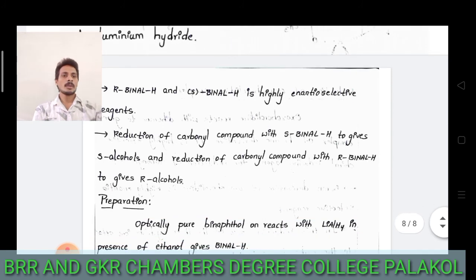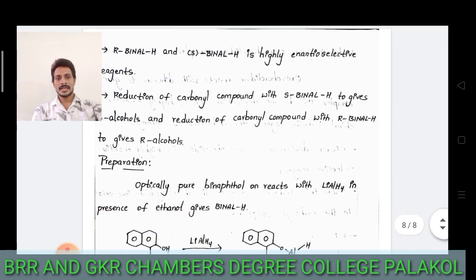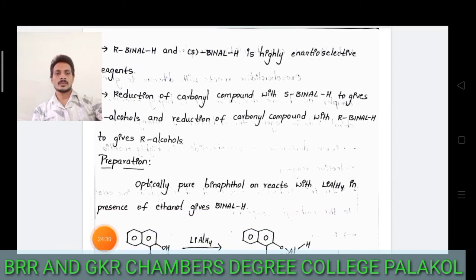Reduction of carbonyl compounds with S-BINAL-H gives S alcohol. Reduction of carbonyl compounds with R-BINAL-H gives R alcohols.